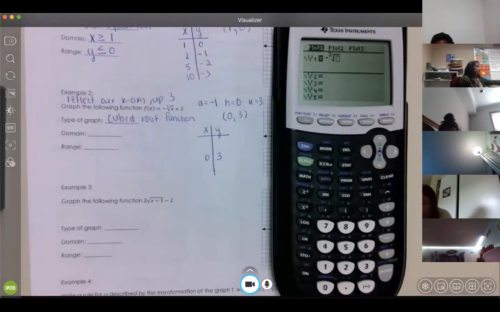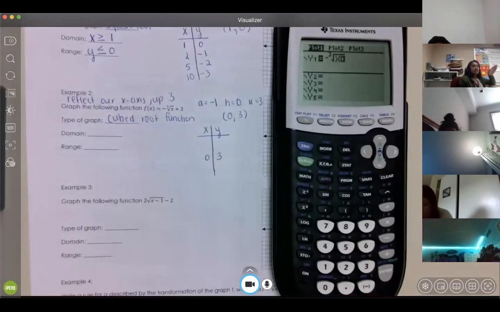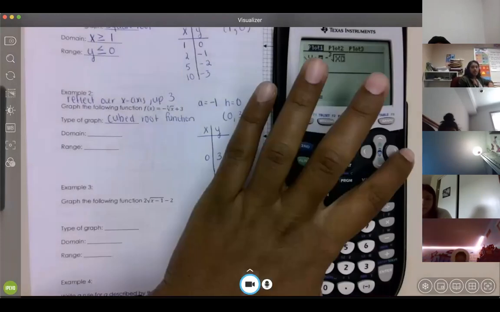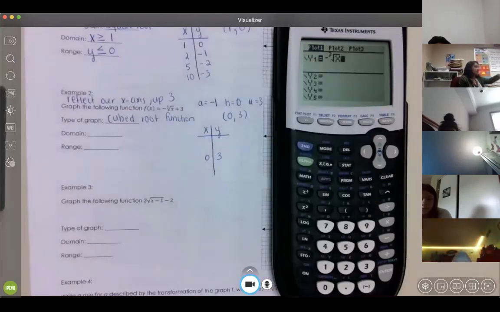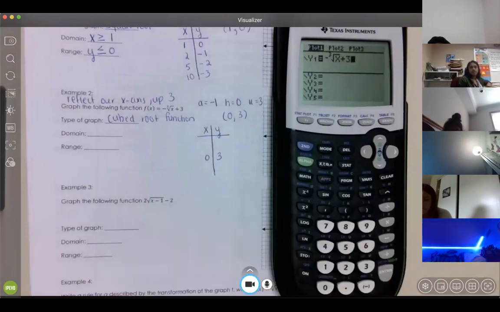Then you're going to type in the x, and you want to end the radical right there. So you need to move the right arrow over to get rid of the radical because you don't want it to extend all the way to the +3. Questions on that?